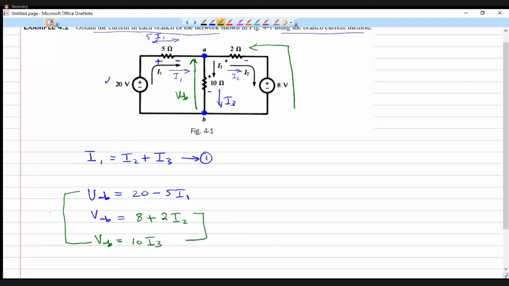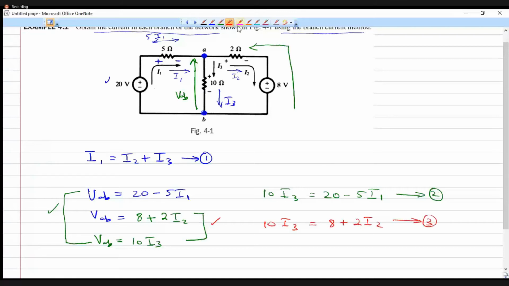So while I do this step, 20 minus 5I1. So I will get one more equation, equation 2. And while I do this step, 10 times I3 will be equal to 8 plus 2I2. That is my third equation.